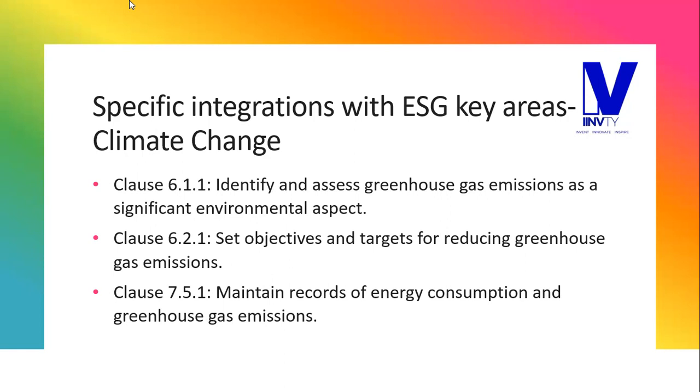Next, in your objective, make sure that your objectives with respect to greenhouse gas emission should be to reduce it. For that, you have to have a monitoring basis. You have to have data. What is the greenhouse gas emission as of now in your industries? And 7.5.1, make sure that you have a record for energy consumption and greenhouse gas emission.